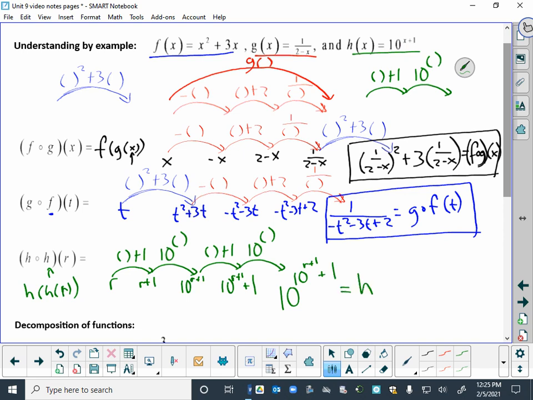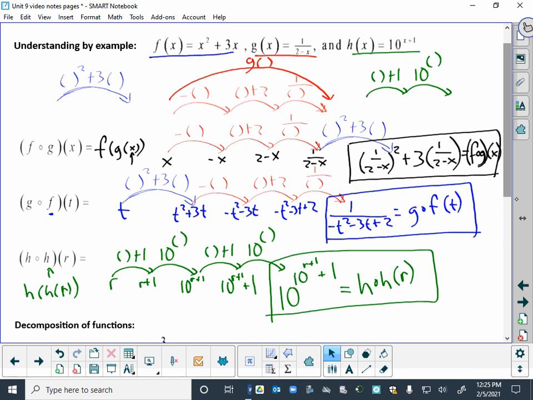This is H of R. It's a funny looking function, certainly a lot more going on than what we have taken the time to look at. I don't have any idea what that graph looks like. It looks like a super exponential or something like that, probably climbing very, very fast.